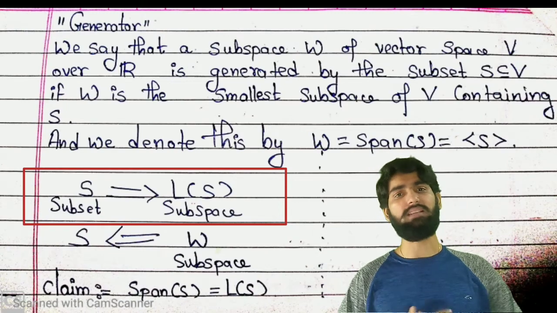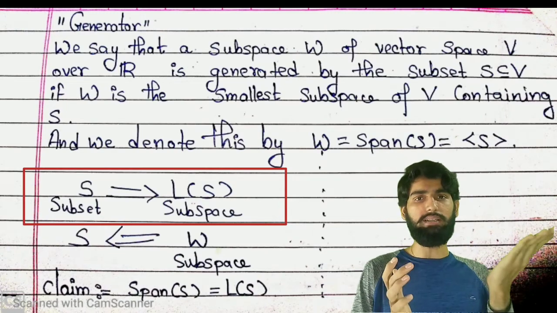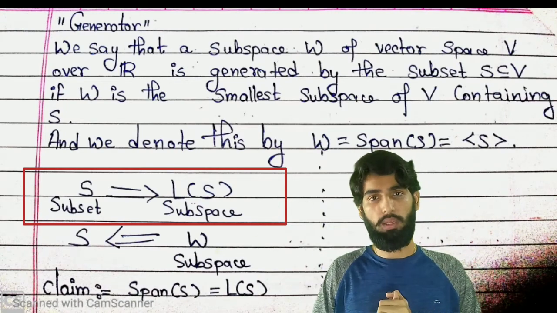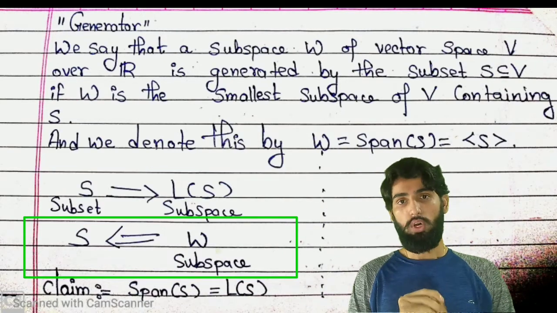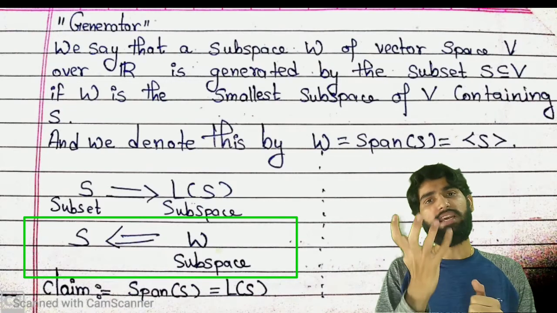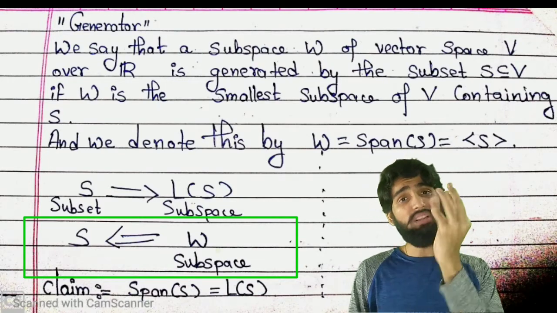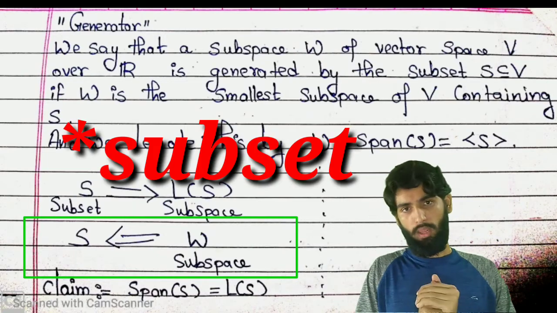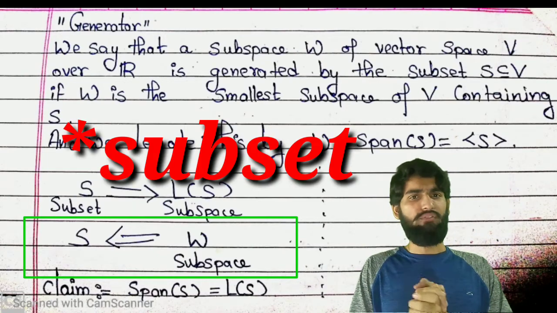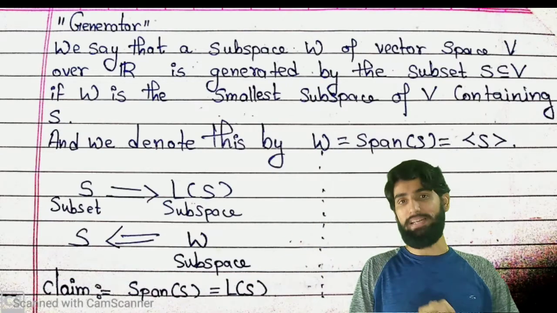That means in the last class we discussed that from a subset we can find a subspace. In this lecture, while defining a generator, we are taking a subspace and trying to find a subset. So ultimately we are going to connect both these ideas.